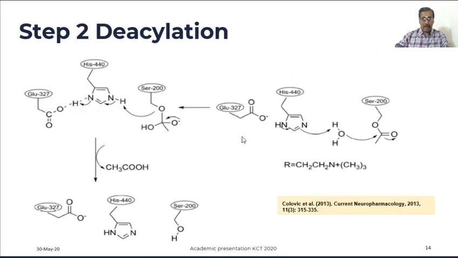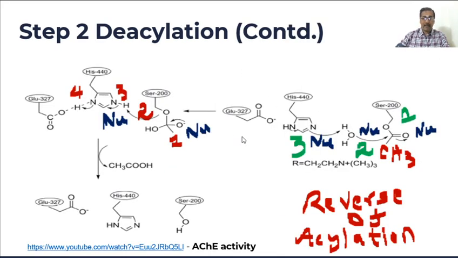So in the second step, deacylation, again I have repeated, is nothing but the reverse of your acylation, right? So here you can see I have to create a nucleophile. For that I have to create an electrophile, again a nucleophile, and again an electrophile. So the hydrogen is acting as an electrophile, this oxygen will act as a nucleophile.